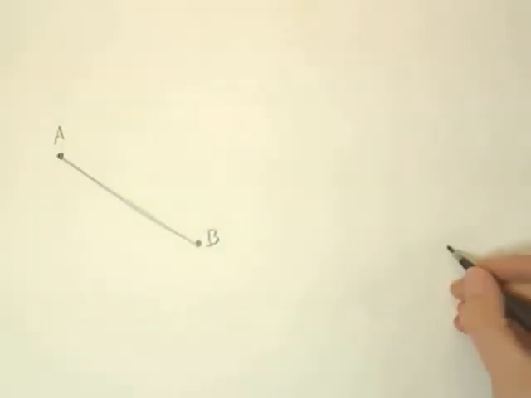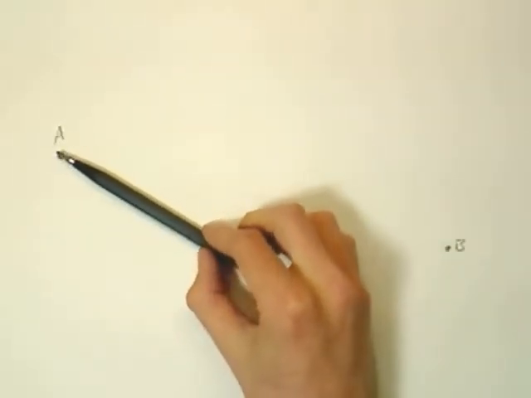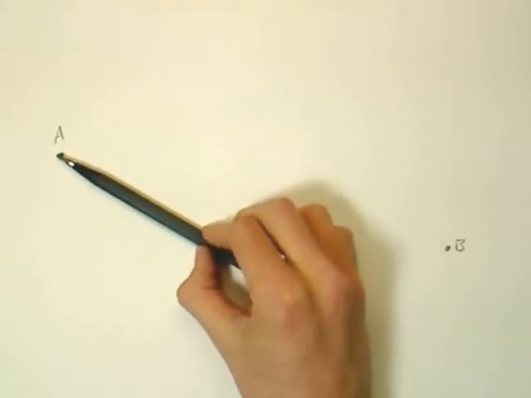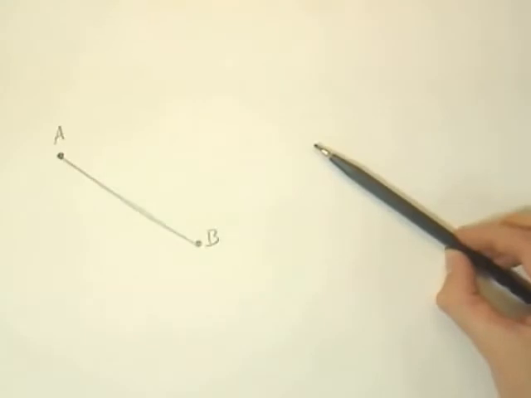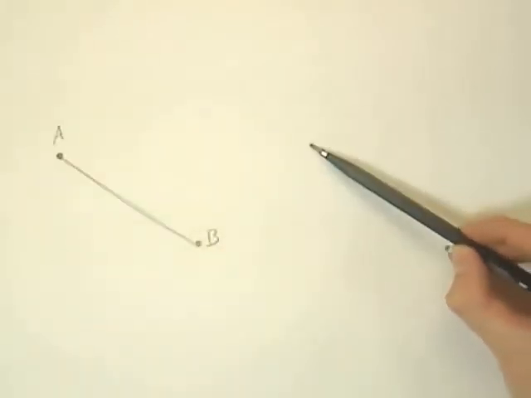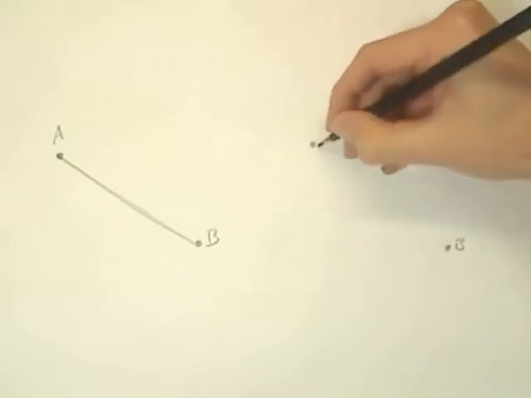So I'm going to make my new point B right here, take my pencil, use my finger and the tip, measure that length, kind of get an idea of that angle, and there we go. New point A.